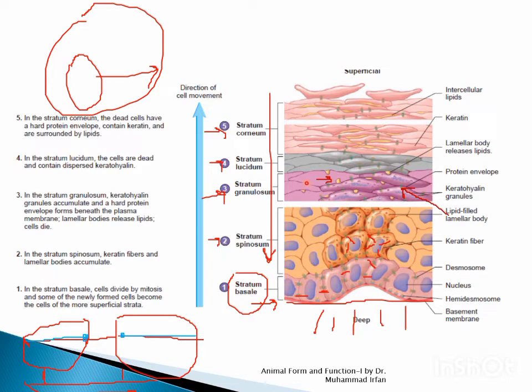These lamellar bodies are thought to be formed from the Golgi apparatus. In the most superficial layer of the stratum granulosum, the nucleus and other organelles degenerate and the cells start to die. But keratin fibers and keratohyalin granules do not degenerate.